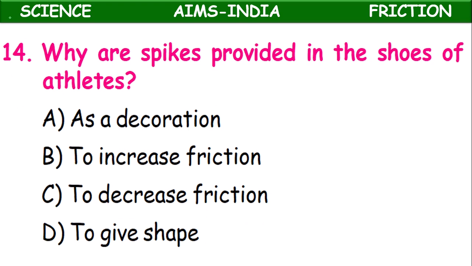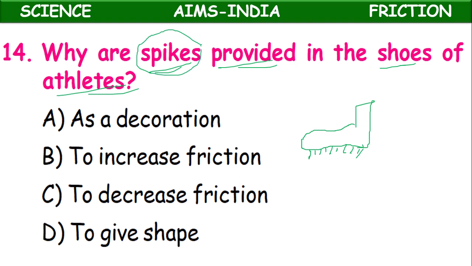Next one. Why are spikes provided in the shoes of athletes? If you look at the shoes of athletes, the bottom part of the shoes will have spikes. Mainly sports shoes have spikes.